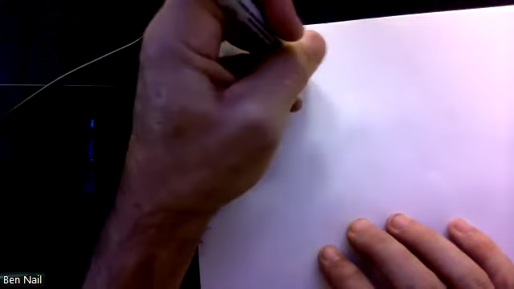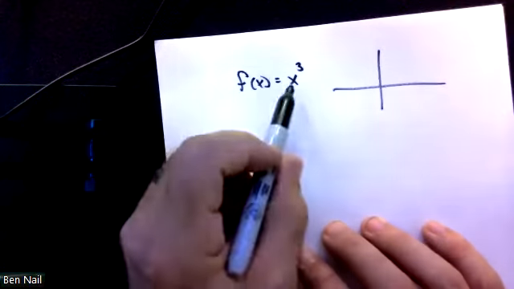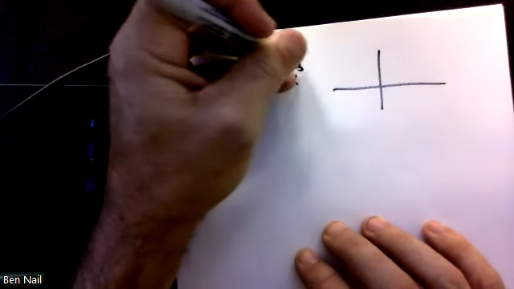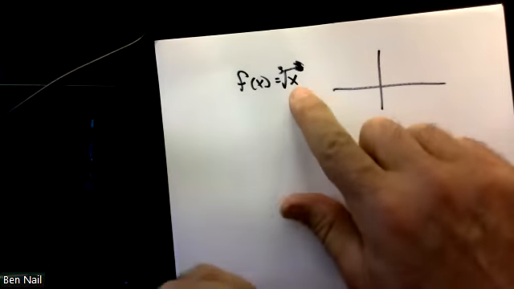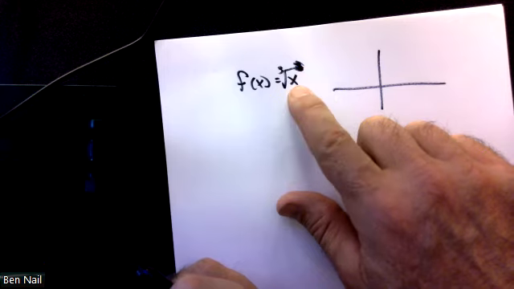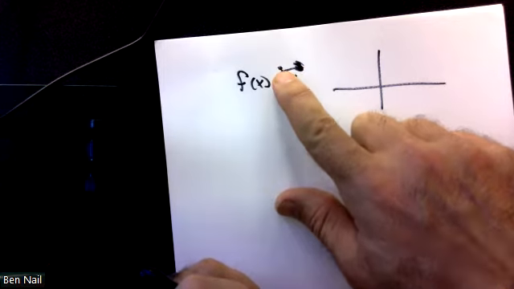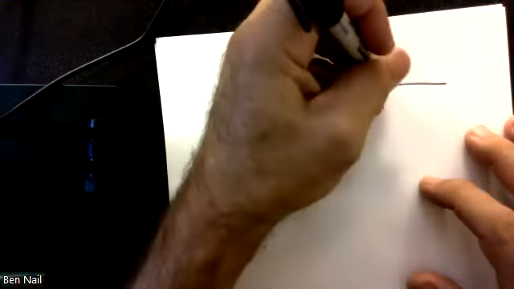Now, if they talk about a cube root function, that's different. Whoops, cube root, not cubed. A cube root function. Now remember, you can do negatives inside of a cube root. The negative here with an odd index gives you a perfectly good solution.